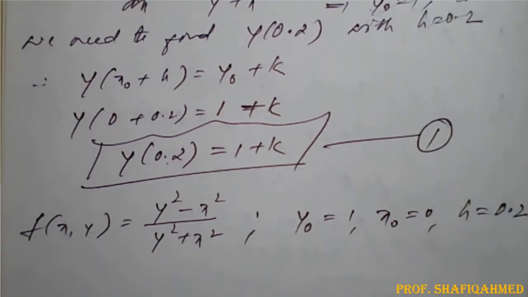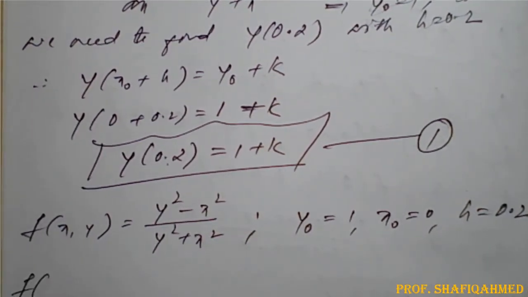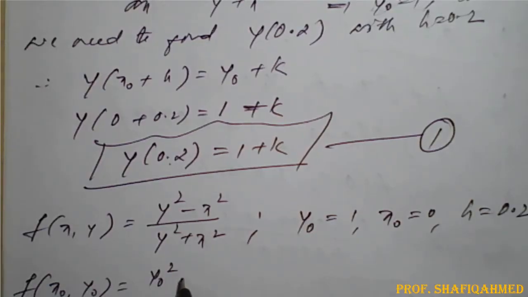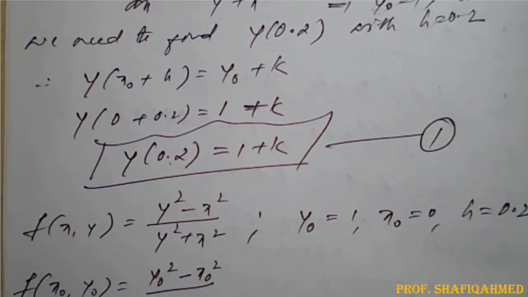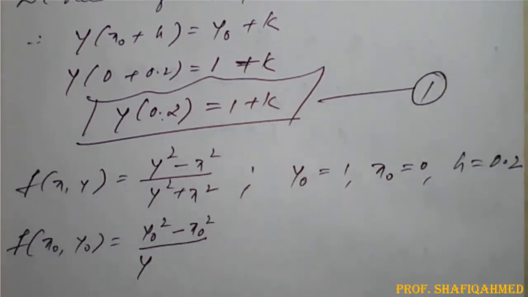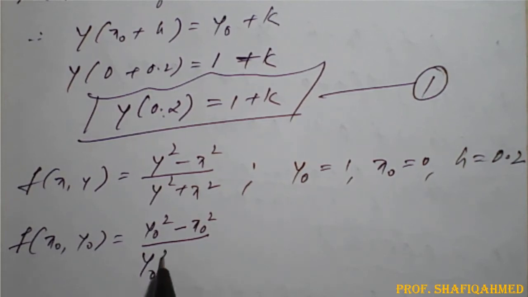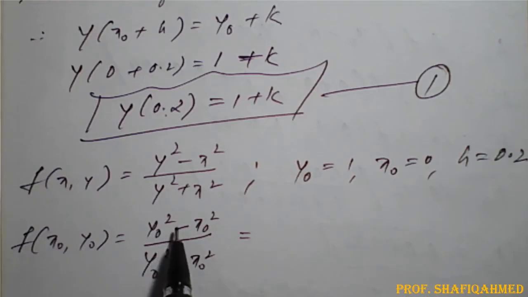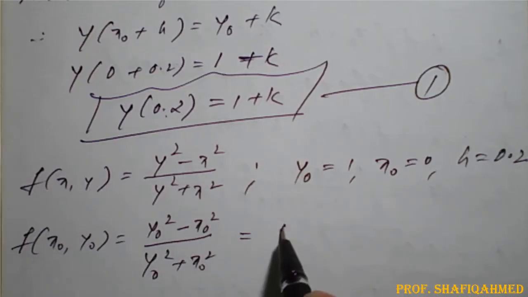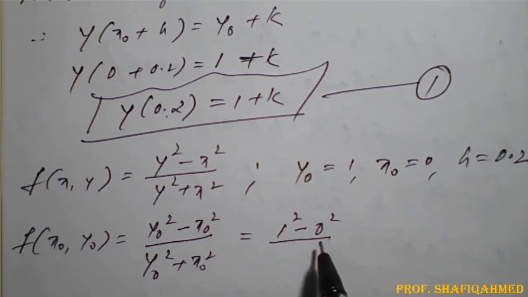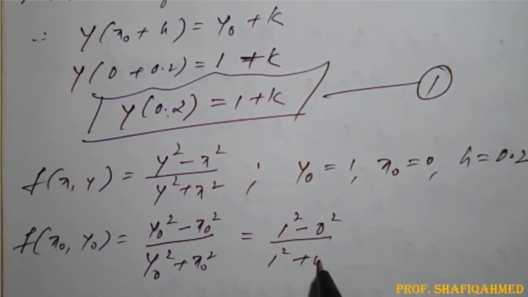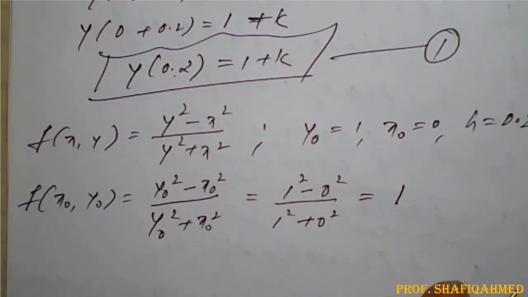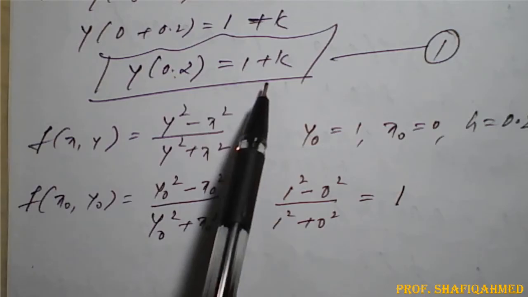So with the help of these data, firstly we'll find f of x naught comma y naught. Therefore it will become (y naught square minus x naught square) divided by (y naught square plus x naught square), which is nothing but y naught square. So y naught value is 1. So 1 square minus 0 square divided by 1 square plus 0 square, which is nothing but 1.